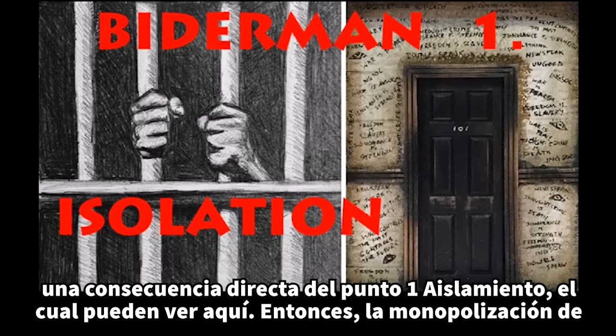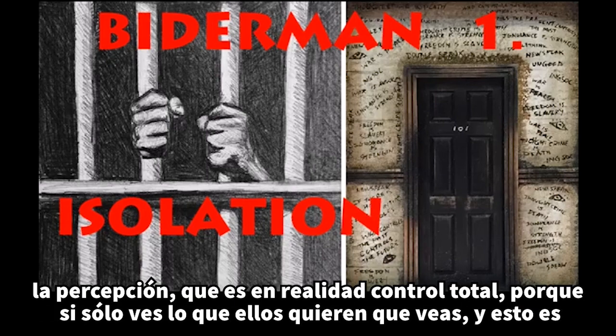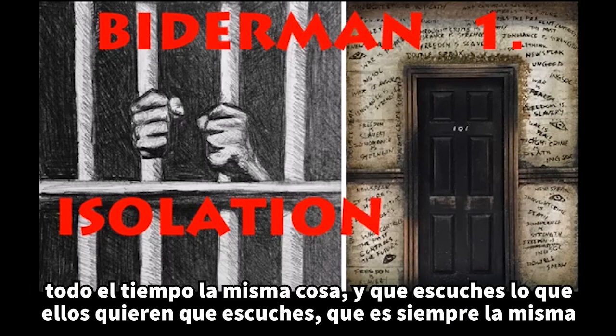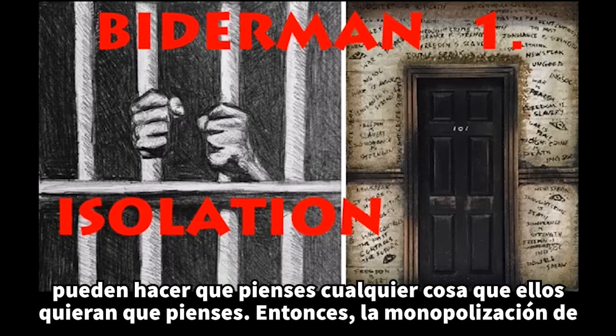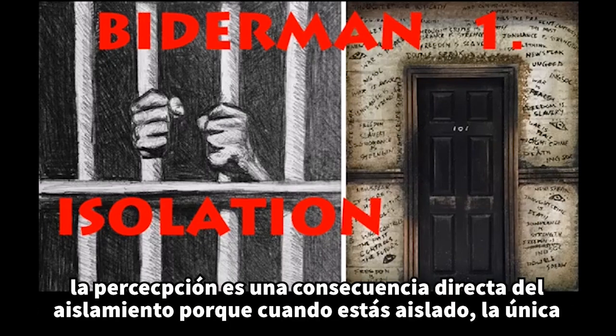So the monopolization of perception is in fact total control, because if you only see what they want you to see, and this is all the time the same thing, and hear what they want you to hear, which is all the time the same thing, and smell whatever, all the perceptions, then they can do a brainwash. Then they can make you think whatever they want you to think. So the monopolization of perception is a direct consequence of isolation.